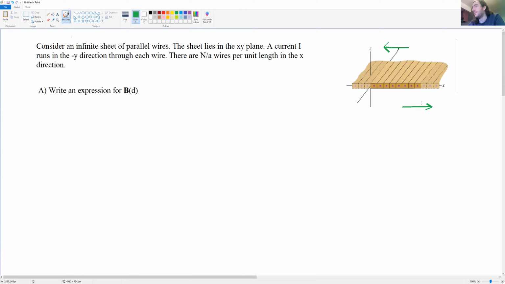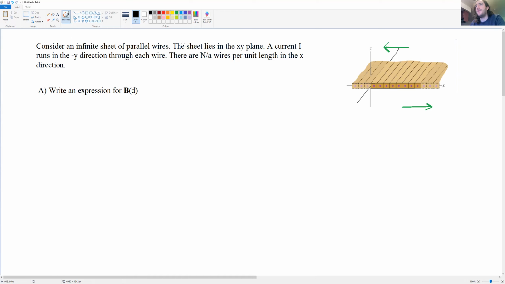But hopefully your intuition gives you a sense that it's going to be a constant magnetic field on top and bottom, because thinking about a plate with charge on it, all the other components cancel and give you a field that just points up or down, above or below the sheet. So it's a similar kind of thing here.